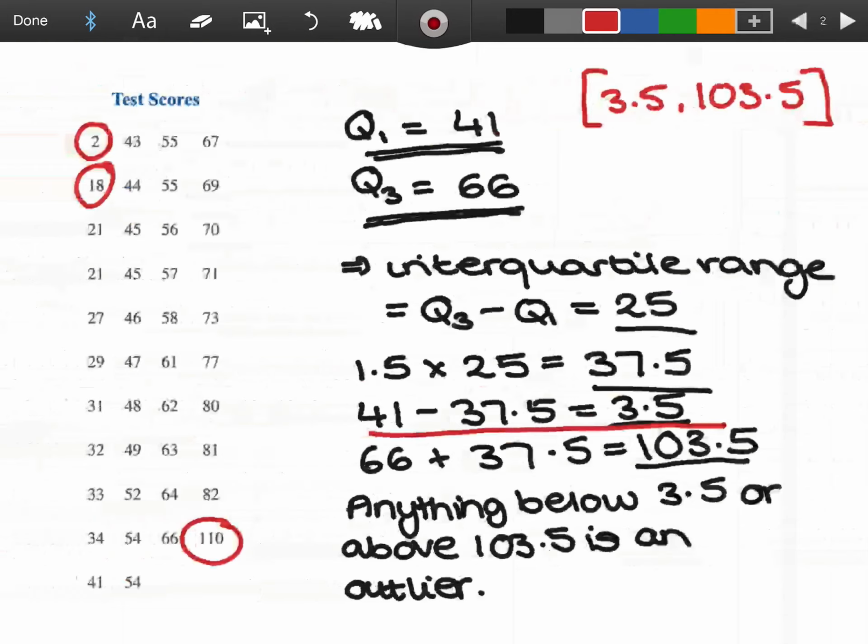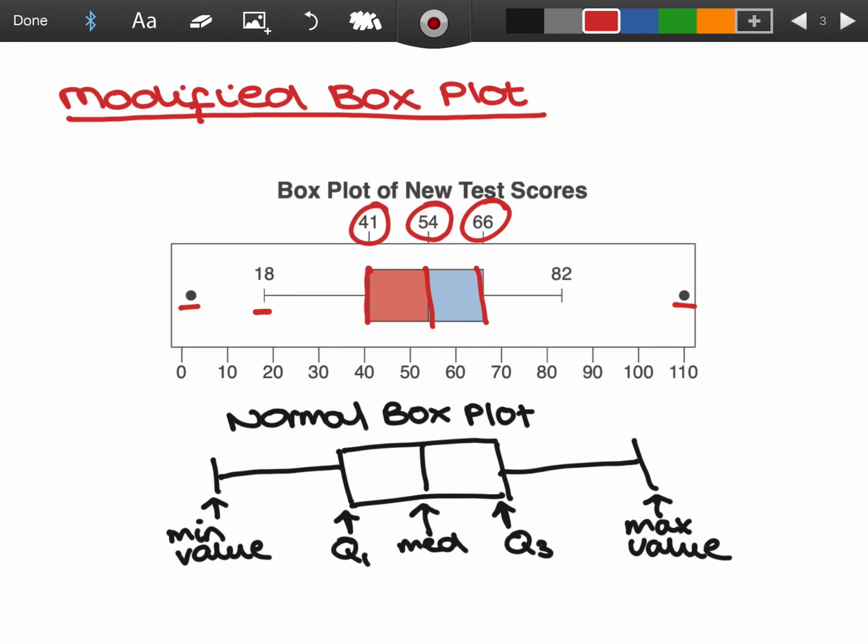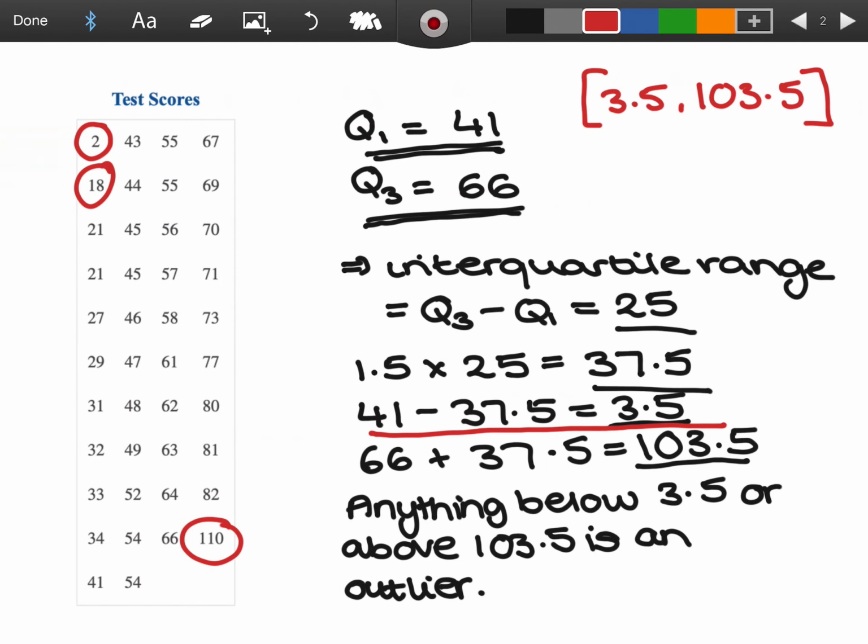So if we look at our data, you'll see that 82, which is found here, is our next largest data point. It's within this range, within our good range. It is not considered an outlier because it is not more than 1.5 times the interquartile range away from Q3.